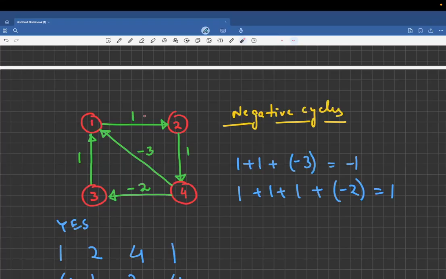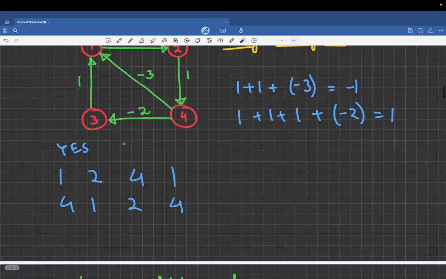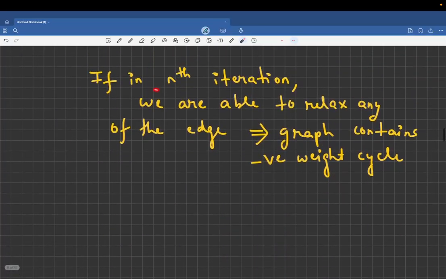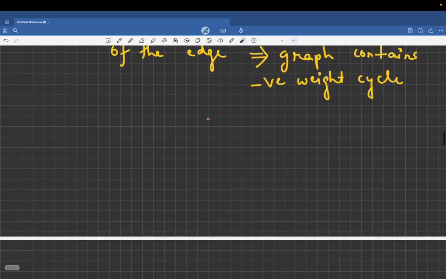Now just tell me one thing, even after calculating shortest distances, if we have a negative weight cycle and we try to relax our edges, the shortest distance will keep on decreasing, right? So you won't have any finite value. So Bellman-Ford says that if in the nth iteration we are able to relax any of the edges, then the graph contains a negative weight cycle. This is what the basic Bellman-Ford algorithm is.